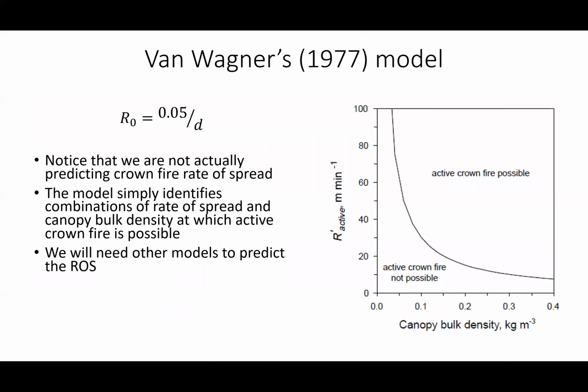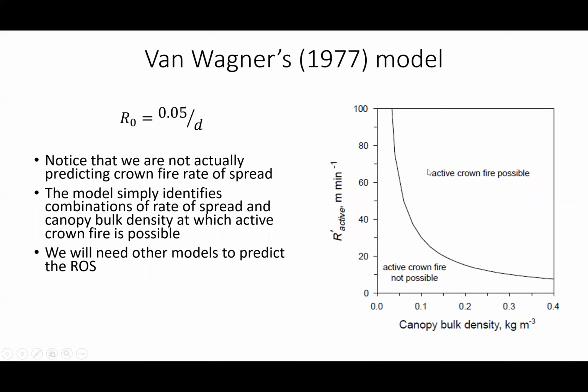Cool. All right. And so here's what that looks like. We've got this S0, which is the 0.05 in the equation. And if we divide that S0 by the actual bulk density, it will predict a critical rate of spread that would be required to sustain active crown fire.